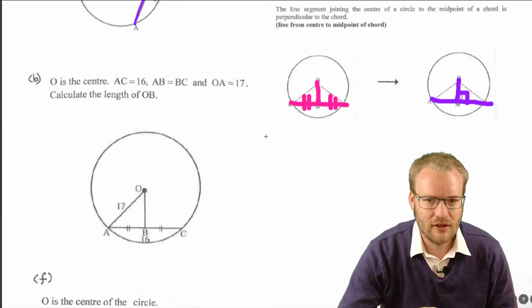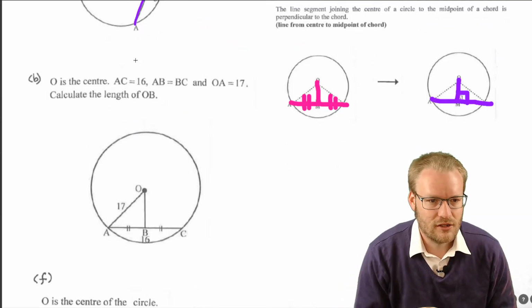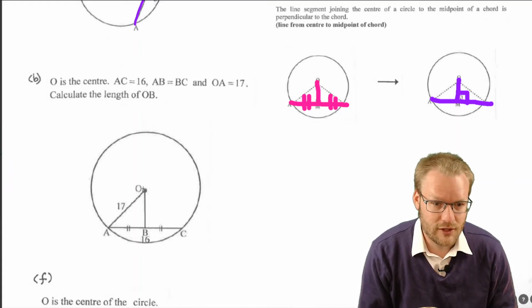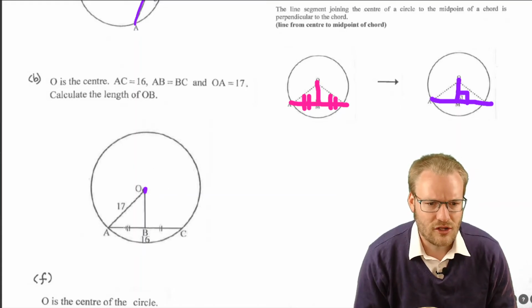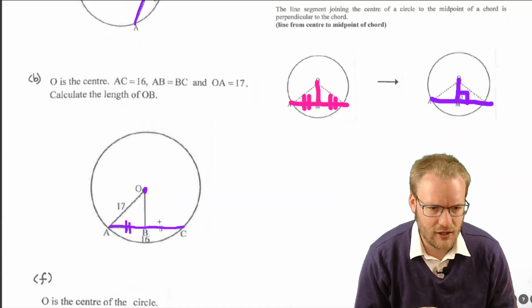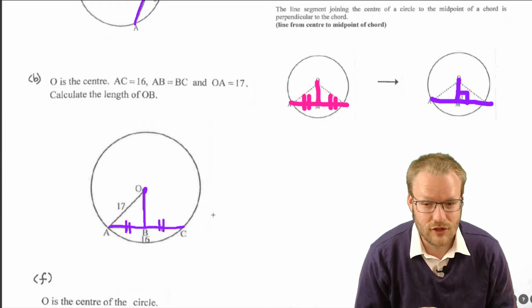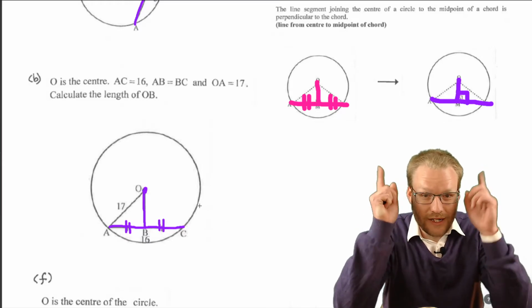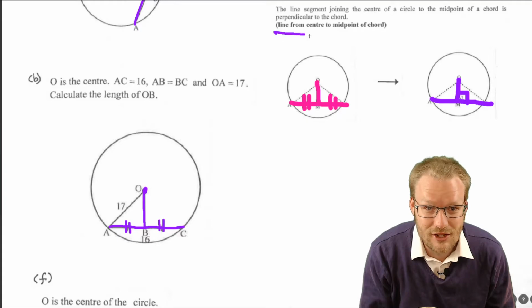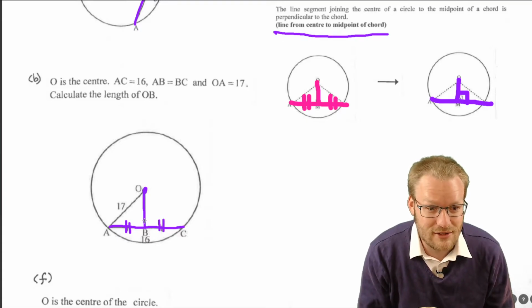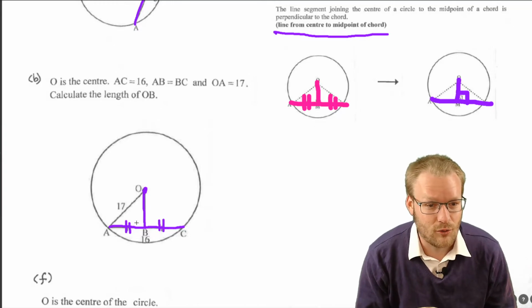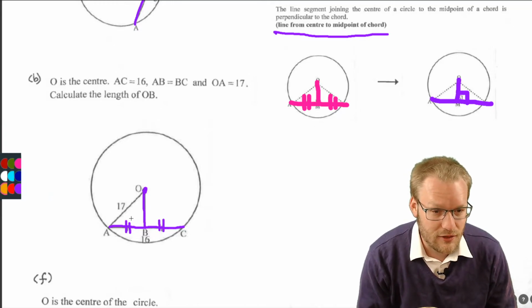Cool. Question B. We have O as the center, a crucial bit of information because everything we're dealing with in this theorem is about being in the center. It looks like we've got a chord that's been cut in half by this line that comes from the center. So we've got a line from the center to the midpoint of the chord. So what do we therefore know about this angle?